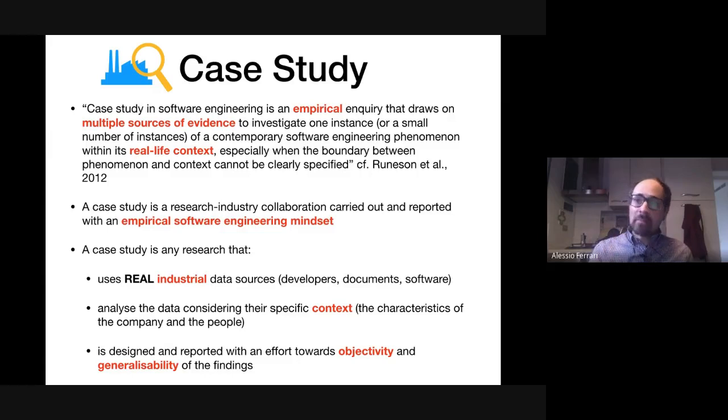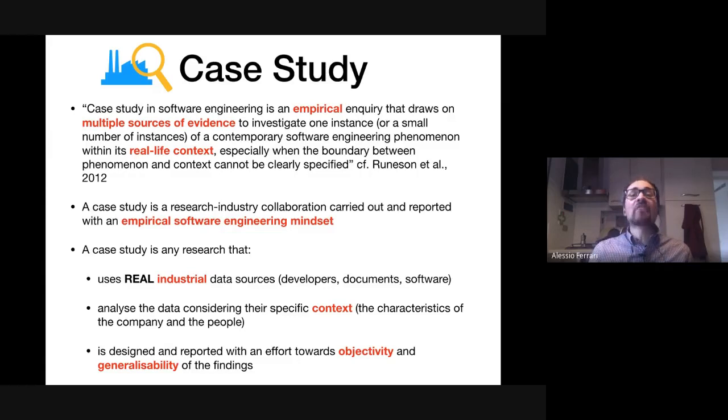As you remember, when we discussed experiments, we focused on separation between variables and context. Here, the focus is actually on the relevance of context for the phenomenon.